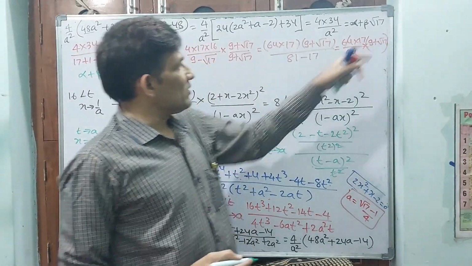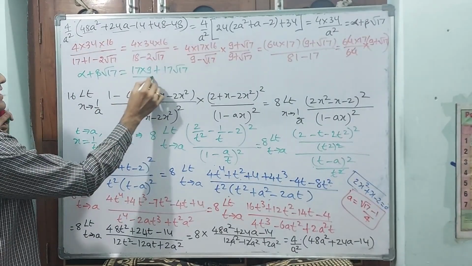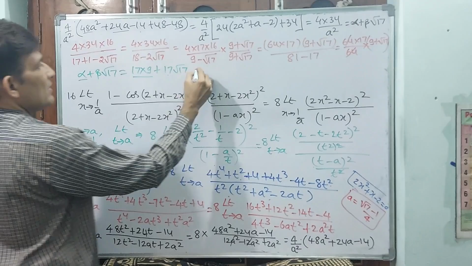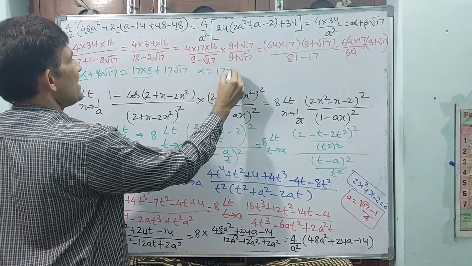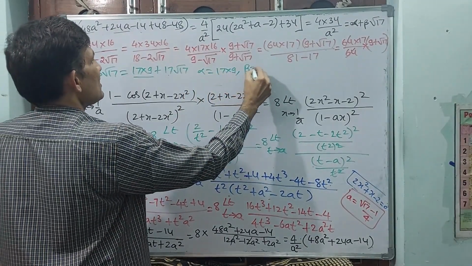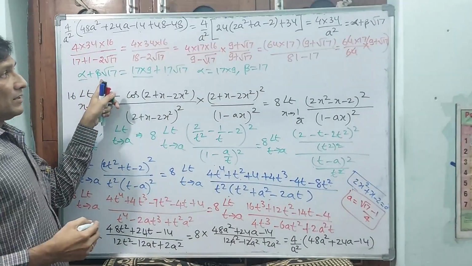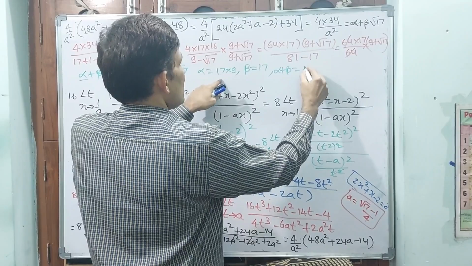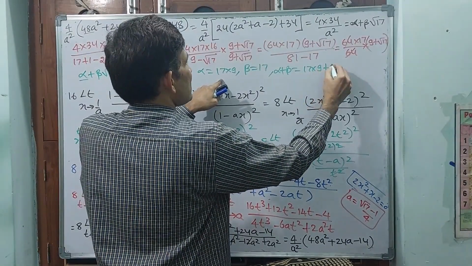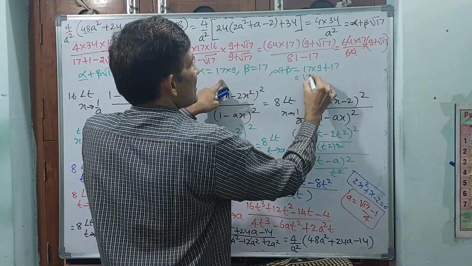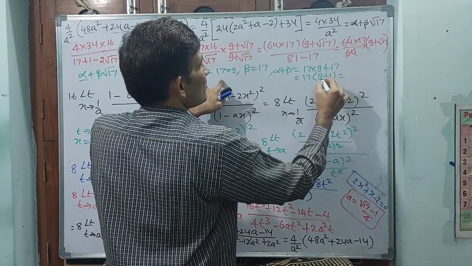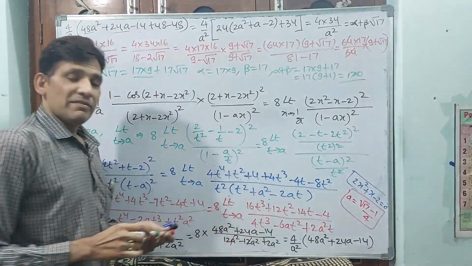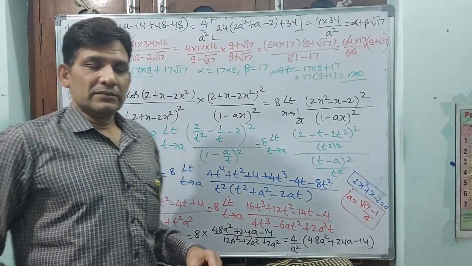Alpha is equal to 17 into 9, beta is equal to 17. They are asking alpha plus beta. Alpha plus beta is equal to 17 into 9 plus 17. If I take 17 common, 9 plus 1 is 10 into 17, 170. Okay? 170 will be your answer. Let us go for the next question.